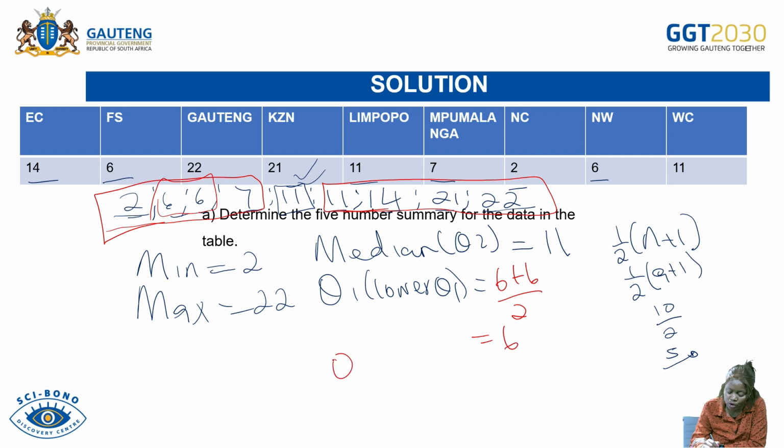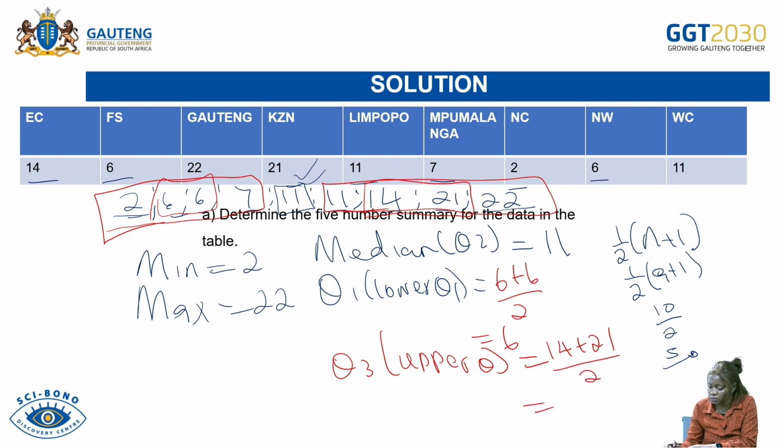And then for Q3, or your upper quartile, it is going to be 14 plus 21, and you divide by 2. Oh, no, I made a mistake, I forgot to divide by 2.